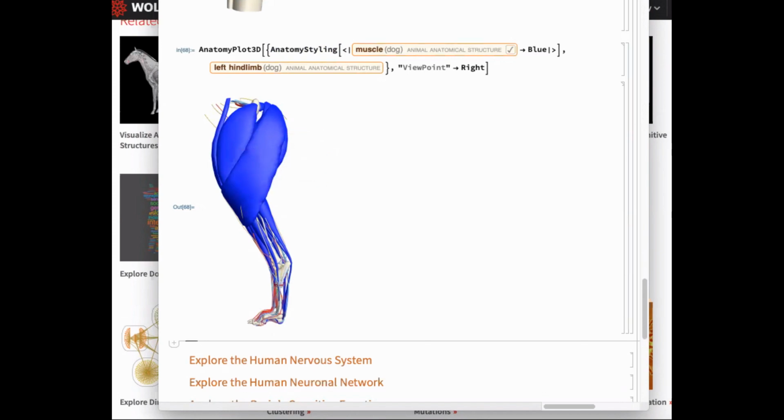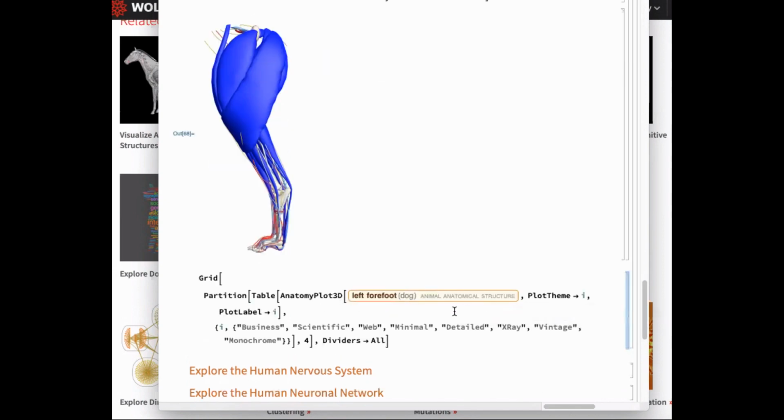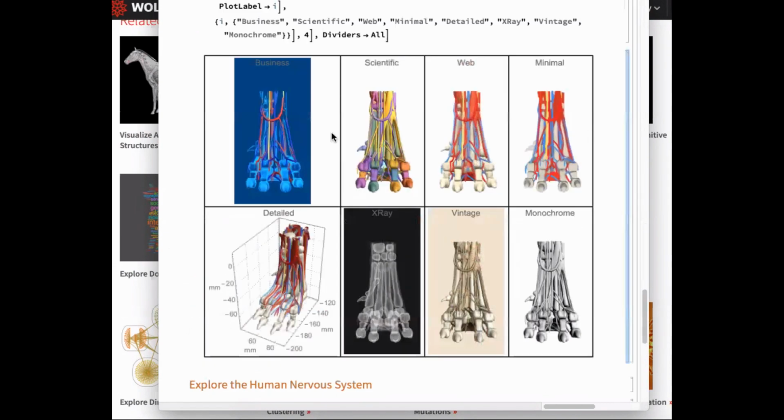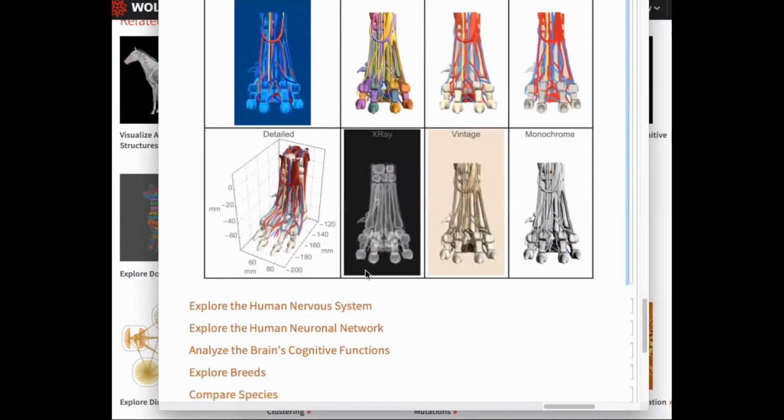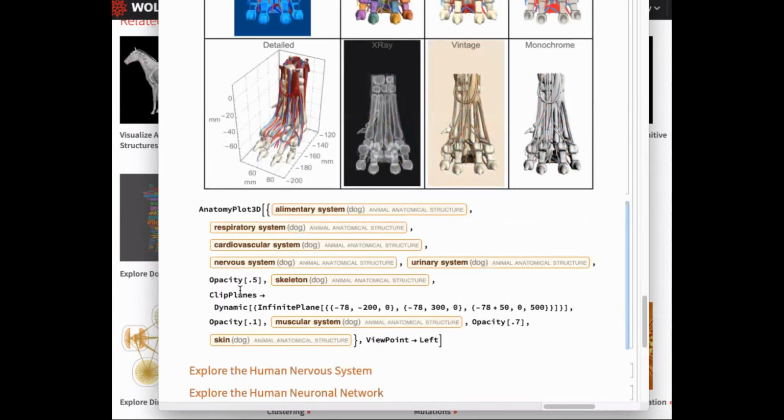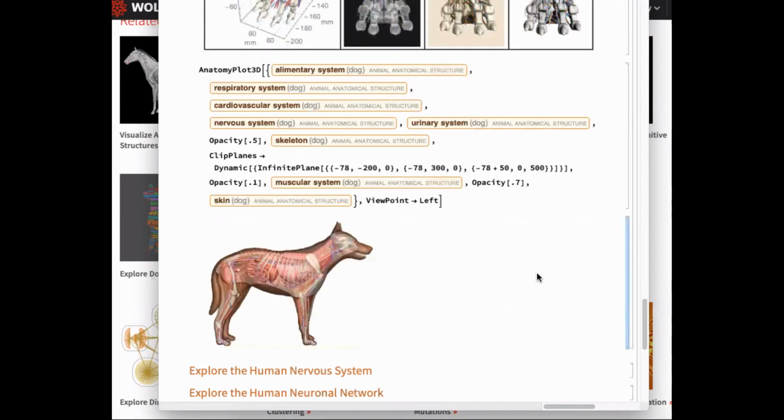And there are additional plot themes also available to use to customize your visualization. For example, you get a scientific theme, X-ray theme, vintage themes, and so forth. And in the next example, we feed clip plane options into this AnatomyPlot3D function to selectively cut skin and muscles of the dog's body to expose the internal structures in the graphics.